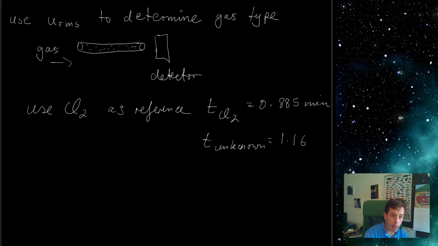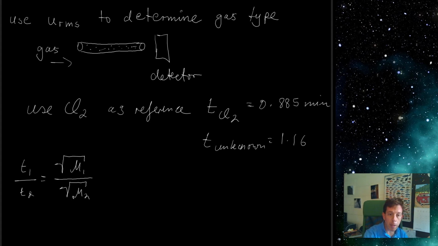So we again find our equation: time 1 over time 2 equals the square root of the molar mass of gas 1 over the square root of the molar mass of gas 2.